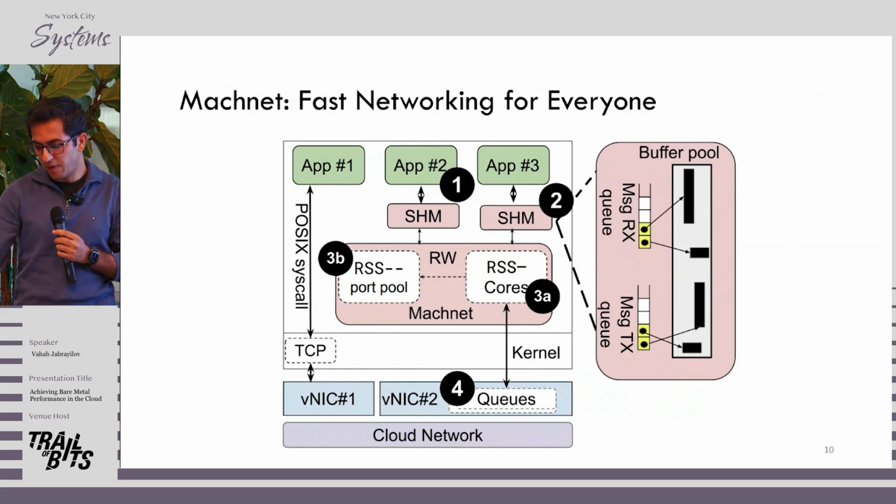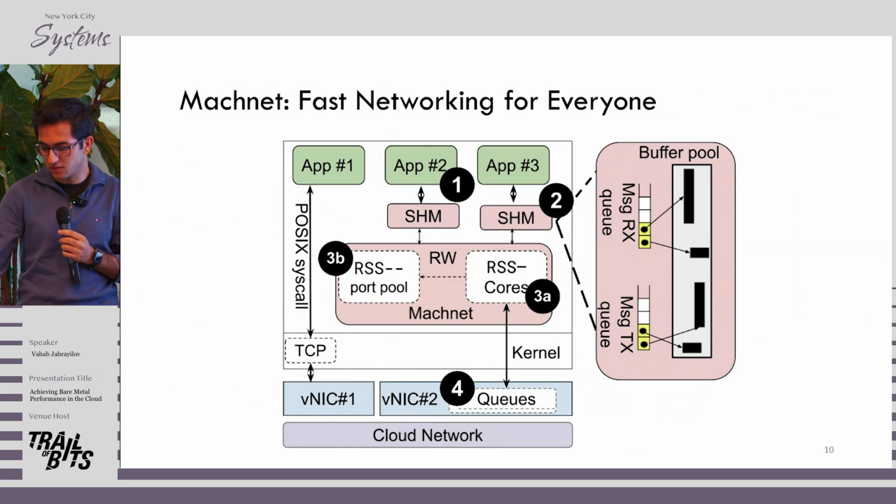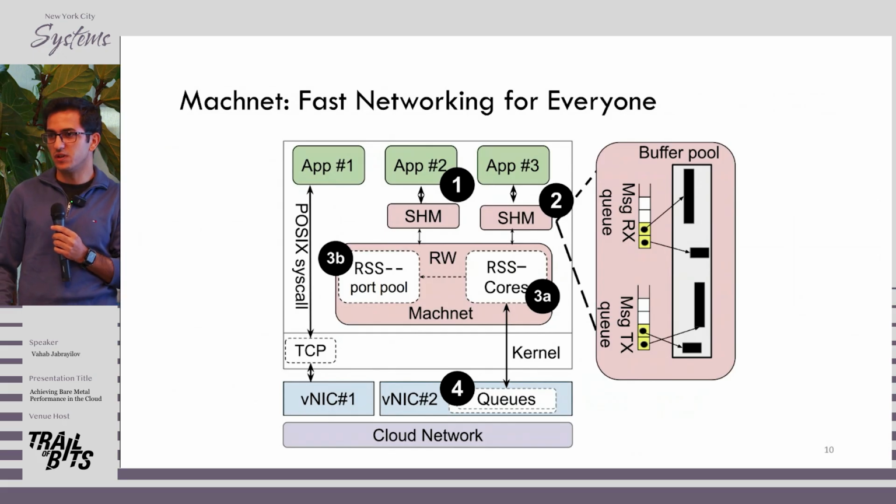Here, Machnet is a user space stack designed for this LCD model. As I mentioned, it uses a sidecar model that owns the NIC and multiplexes across application threads. It scales across cores with a shared nothing architecture, and it implements our RSS-less algorithm, which is a packet spraying scheme that distributes flows evenly without hardware steering.